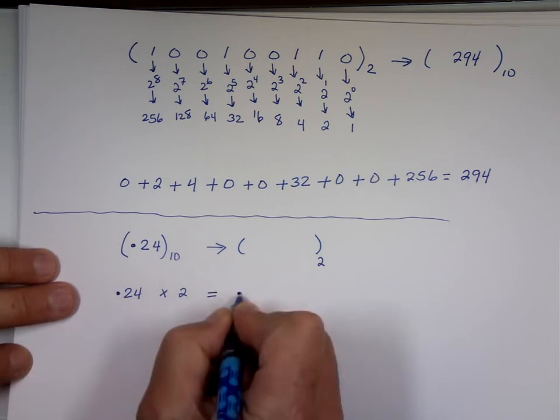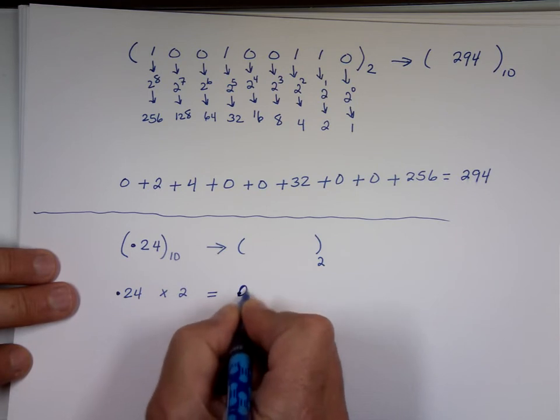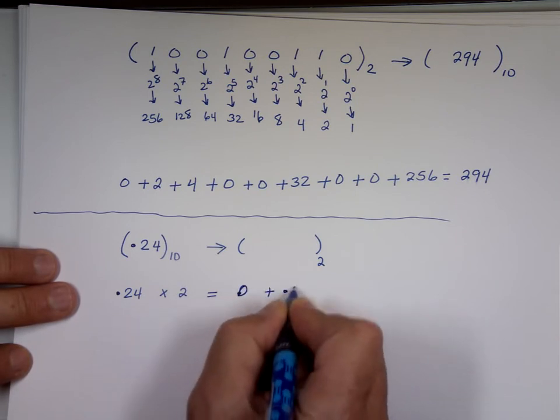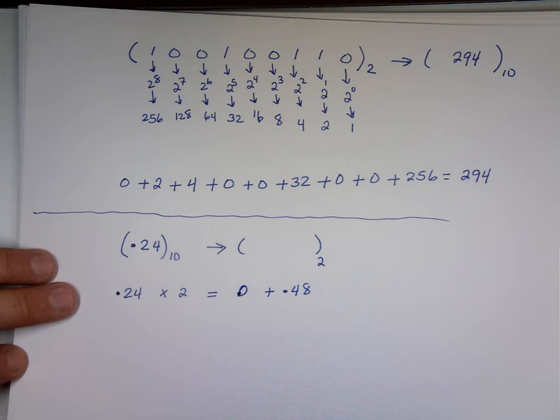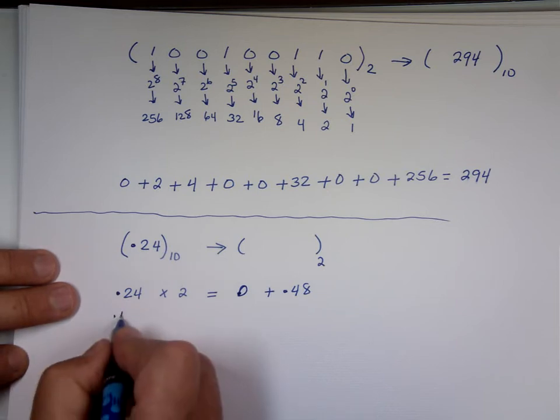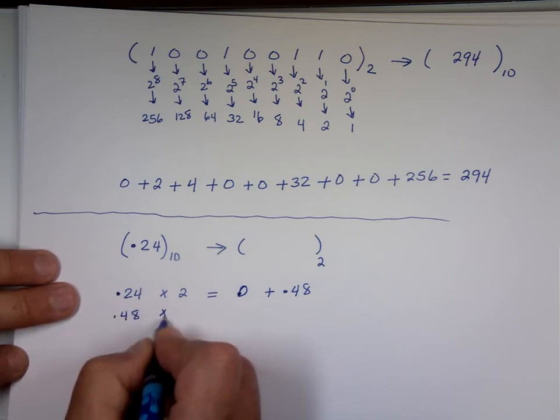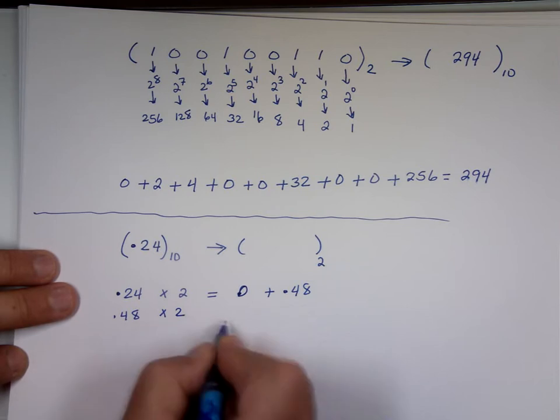That's 0.48, or the whole digit 0 plus 0.48. Because that digit here is 0.48. I'm going to write that digit separate. 0.48 times 2, 0.96, right?